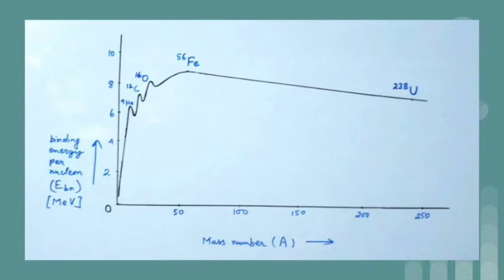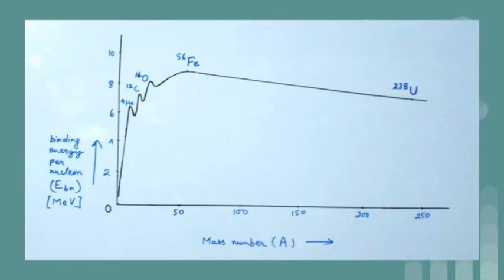Average binding energy per nucleon for light nuclei like hydrogen and its isotopes is very small. For mass number ranging from 2 to 20, there are sharp peaks in the curve that correspond to helium 4, carbon 12, oxygen 16. These peaks indicate that these nuclei are relatively more stable than other nuclei in their neighborhood.